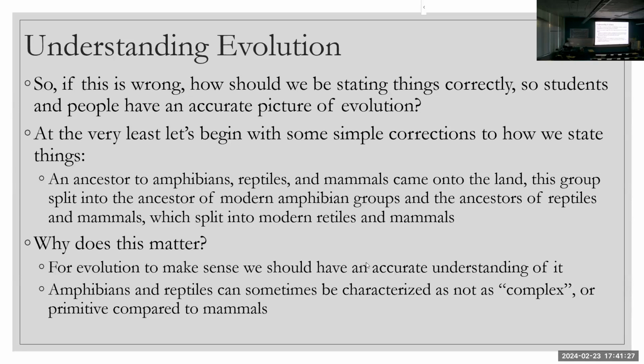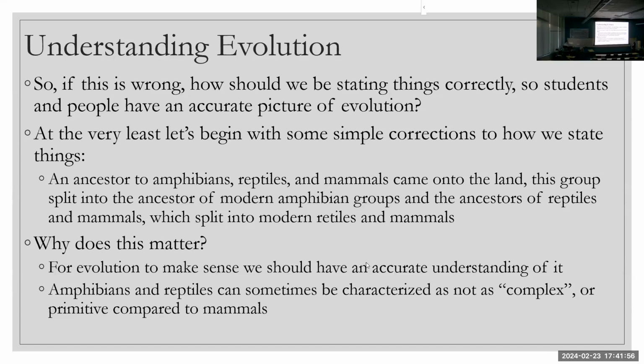Another thing is that we gave a previous related talk, and one of the things we talked about is the perpetuation of the idea that there's a ladder of life, with more primitive creatures and more advanced creatures. In terms of evolutionary evidence, there's no evidence for that.